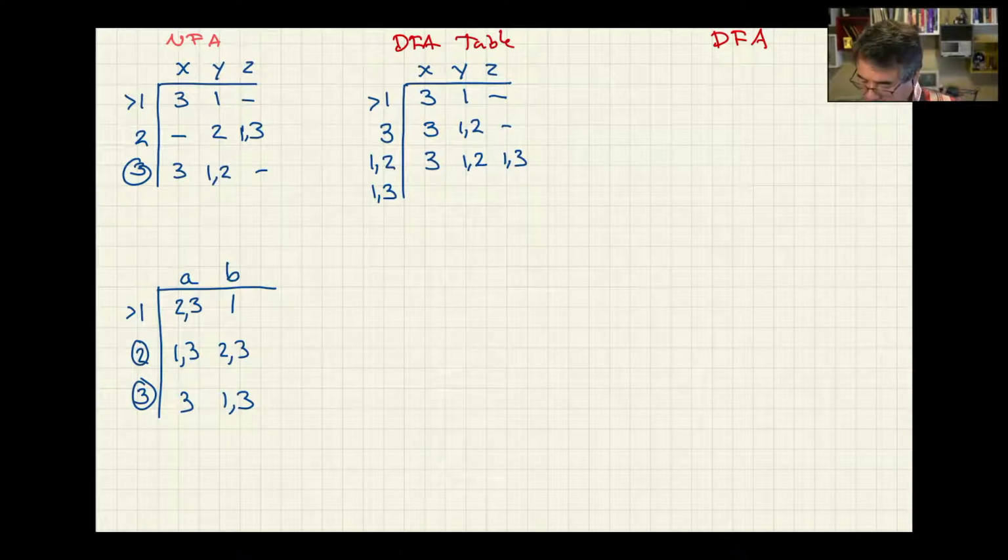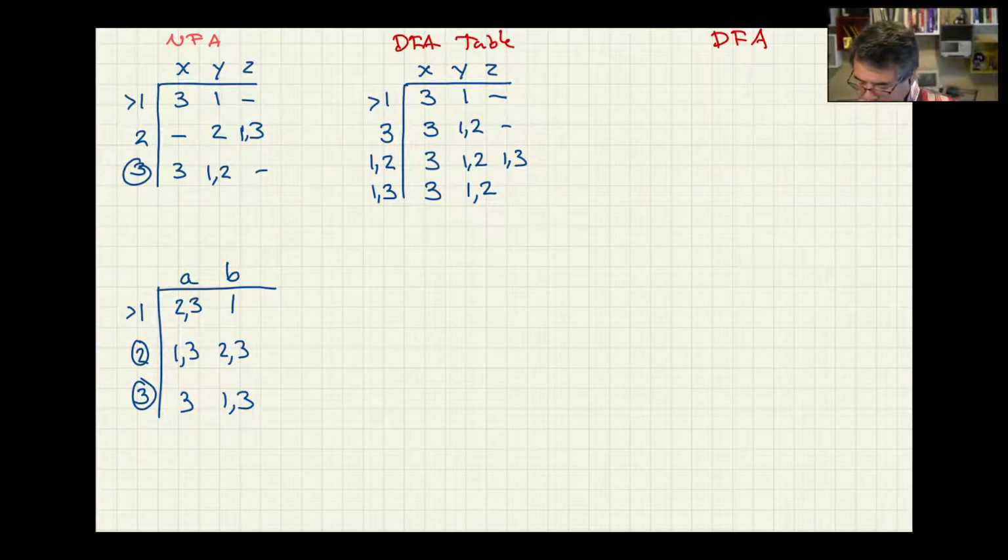X goes to 3. So if I look at these two rows on an X, I see a 3 and a 3, and I combine those, and that makes 3. Good. How about Y? Y goes to 1 and 2. So if we look at these two rows and a Y, we got 1 and 2 there, combine them together.